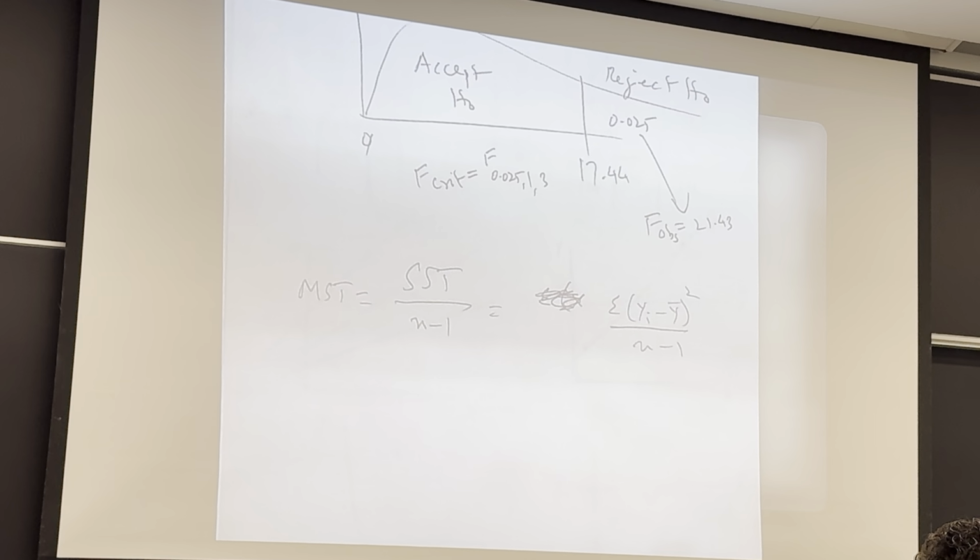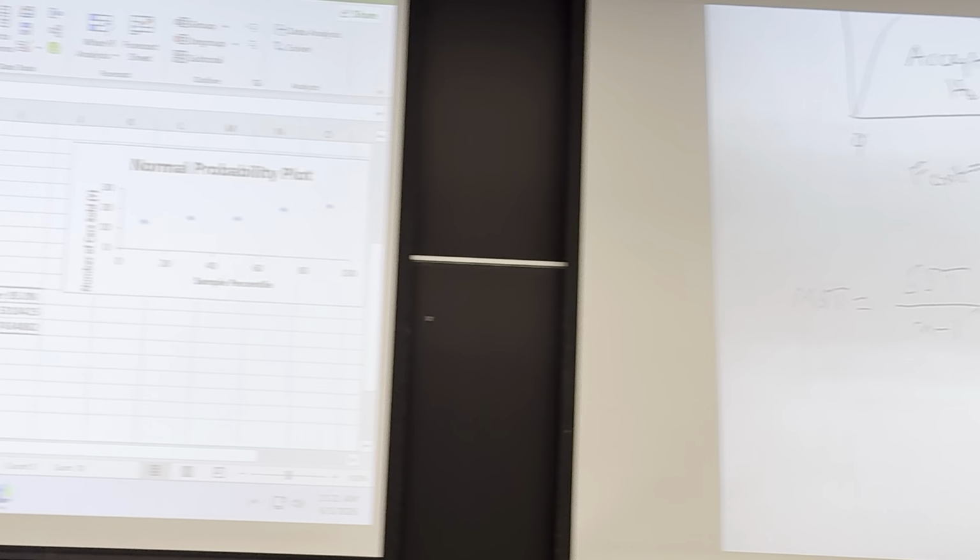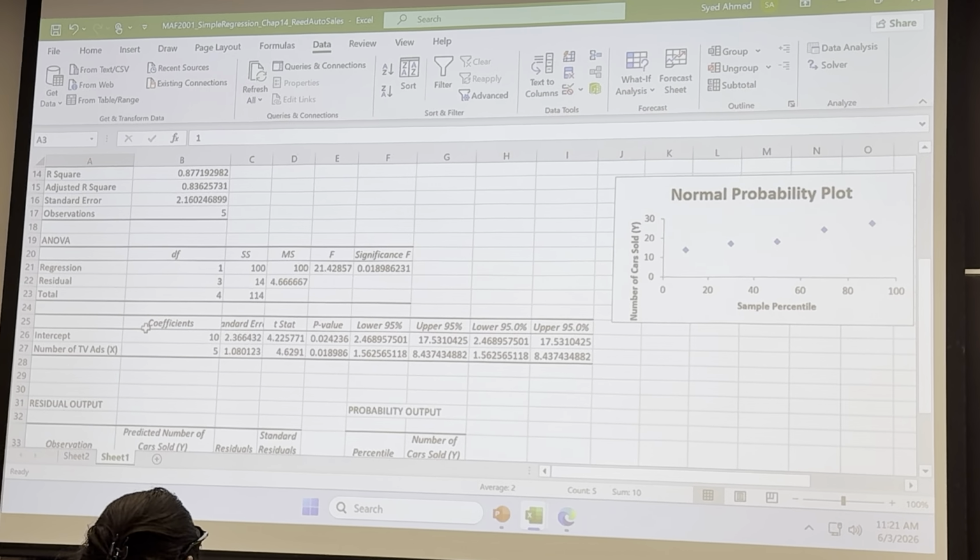From each value, you subtract the mean value, square it, sum all of them, and then divide by n minus 1. So if you take 114 divided by 4, it is variance around the mean.